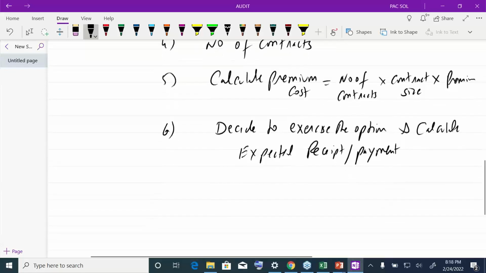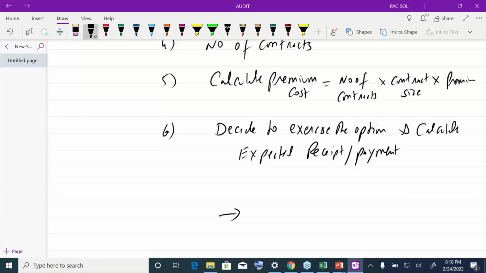And in working, you have to solve under overhedge. Under overhedge working. So these are 6 steps.